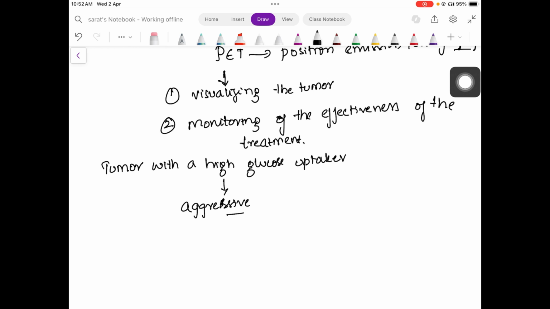You can name them aggressive tumors, and they will have poor prognosis. That means tumor cells which are taking a high amount of glucose, we can say that those tumors are aggressive and they will have poor prognosis.